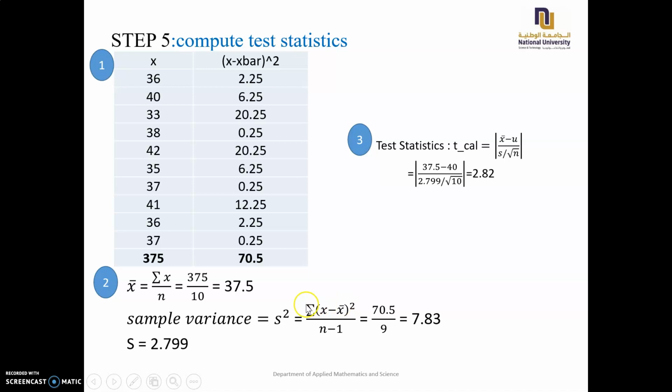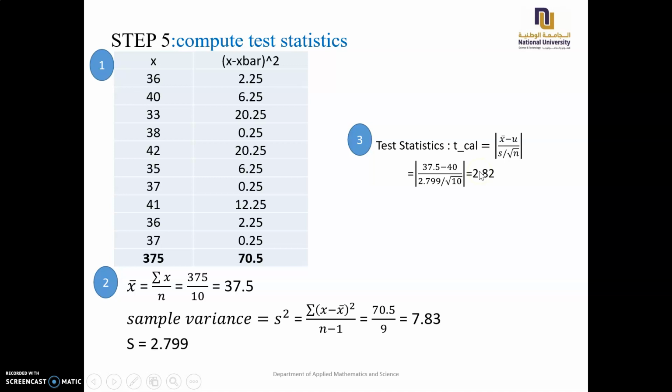That is the sample variance, S squared. What about the sample standard deviation? Take the square root of this, and it gives you 2.799. Now using this x bar and s, calculate the test statistic, or the calculated value. Substitute here, and it will give you 2.82.